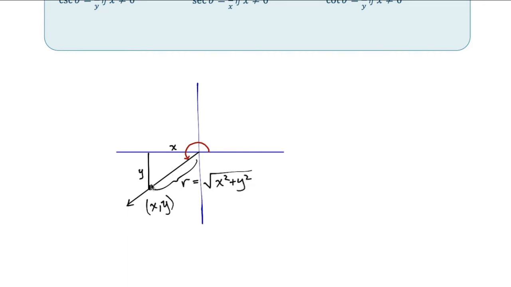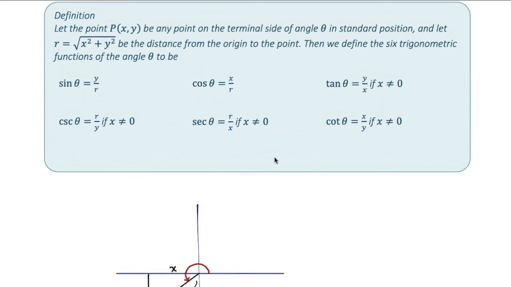And you can see that I've now created this triangle, and so in that way I could use the definitions of my trigonometric functions for this triangle using x, y, and r, where x would be the adjacent side to the angle, y would be opposite the angle, and r would be the hypotenuse. And that gives us these definitions here.